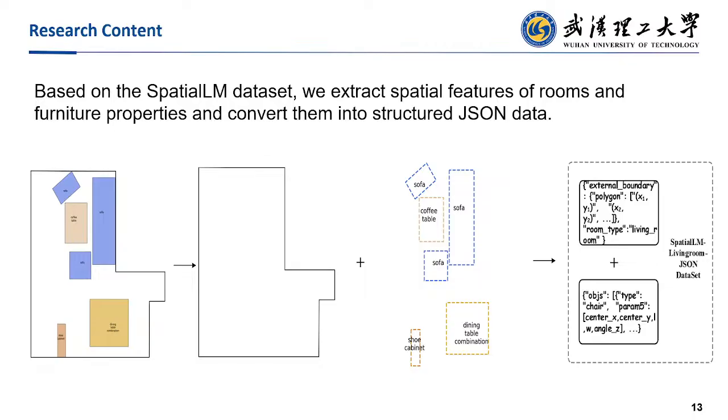For each room, there is a polygon boundary, all represented in XY positions. And for each object, we have a type, like a chair, and the parameters. The parameters are the center XY, the width, the length, and the orientation angle. So this is 5 parameters.